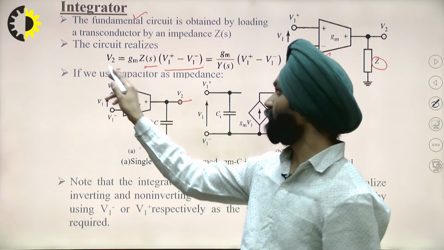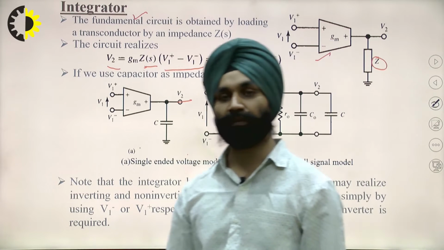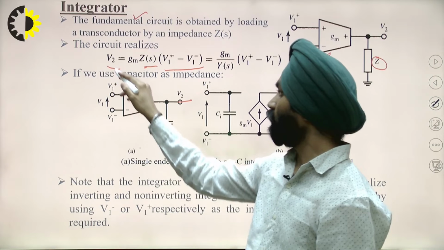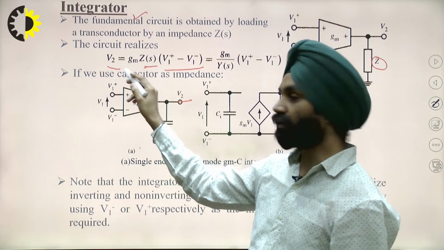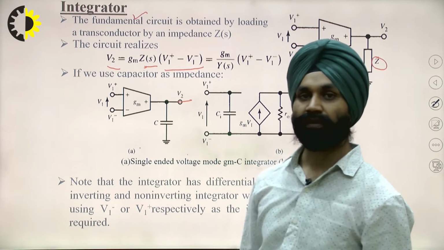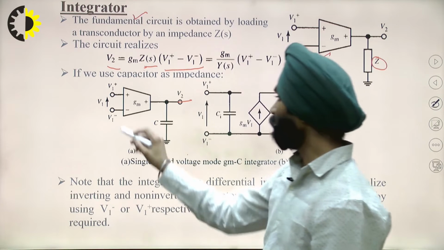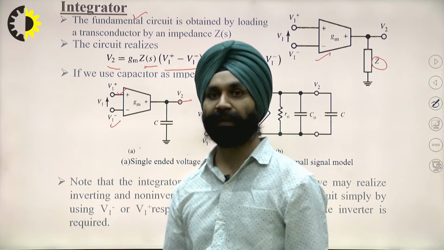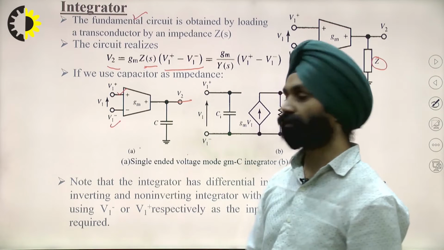From here, V2 by Zs will be the current, so I have converted current into voltage. So V2 is equal to Gm Zs into the difference of the two voltages, which are, let's suppose, V plus and V minus, depending upon the terminals.